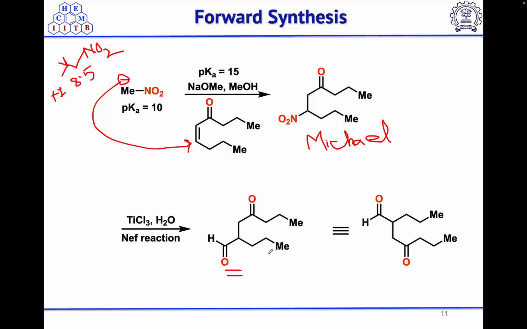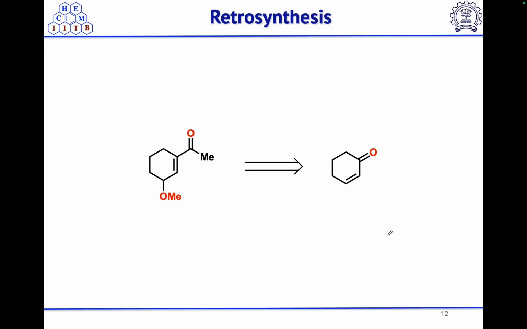Okay, so the next slide. This compound is equivalent to this compound. In the next slide we'll see the retrosynthetic analysis for this compound. Now, if we plan the retrosynthetic analysis for this compound, it has this alpha beta unsaturated carbonyl compound as well as a gamma methoxy.